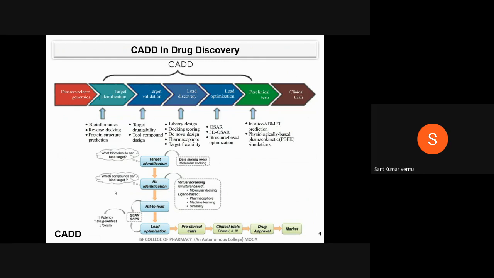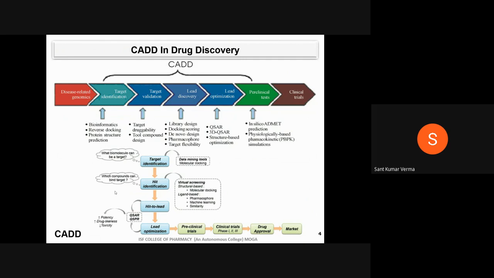On the basis of this affinity, we can identify the hit, and from these hits, on the basis of biological activity and structural features correlation, we can identify a lead amongst these hits, and these leads may further enter into the preclinical trial, clinical trials, and further drug approval and be marketed.